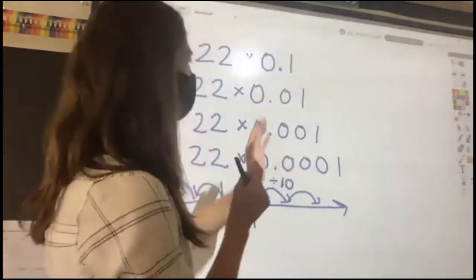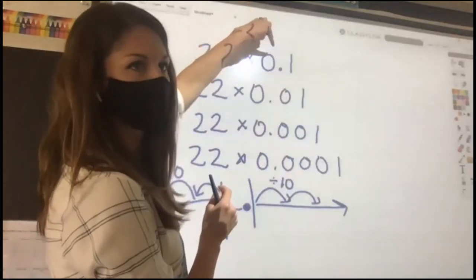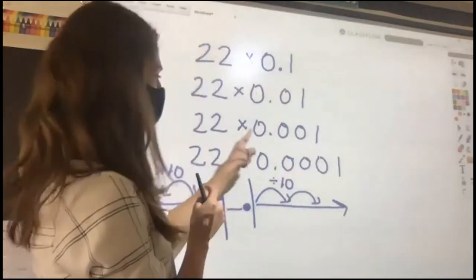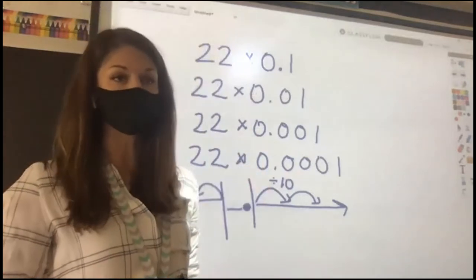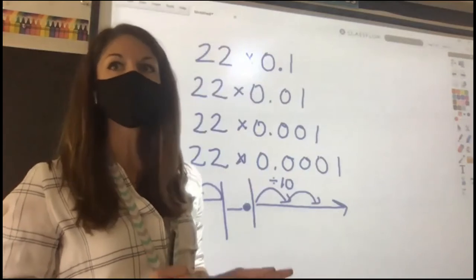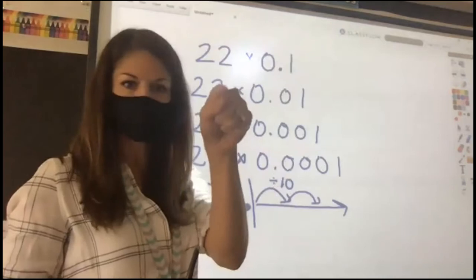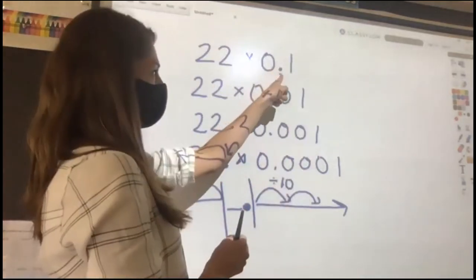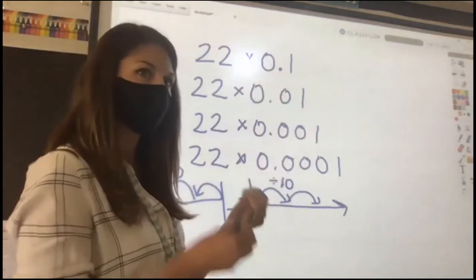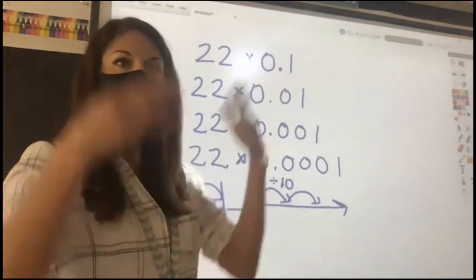So if I were to replace these decimal numbers, 0.1, 0.01, 0.001, 0.0001, with fractional values, what fraction would represent 0.1? If you don't remember, look on your place value chart. What fraction is equivalent to 0.1?